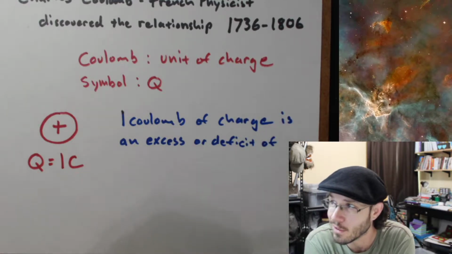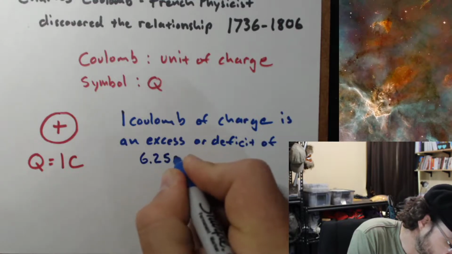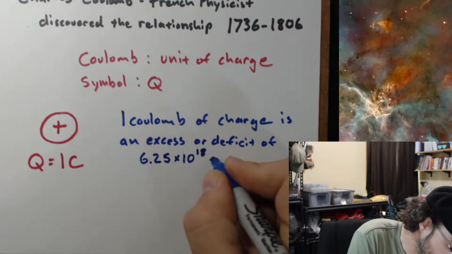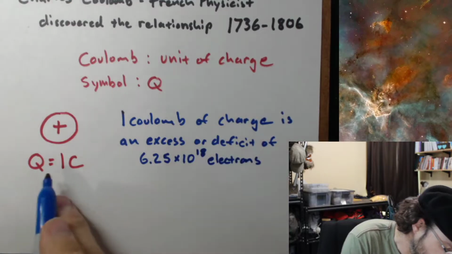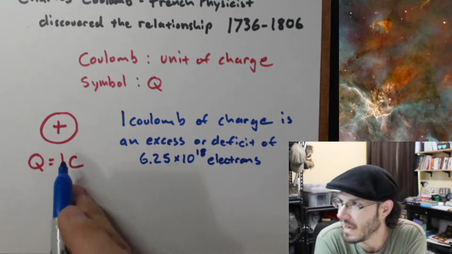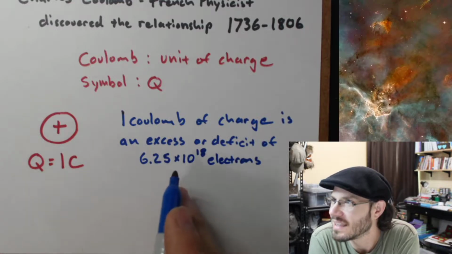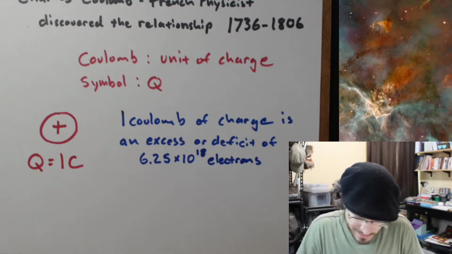It's a ridiculously large number. Okay, so what does this mean? This body lost 6.25 times 10 to the 18 electrons.